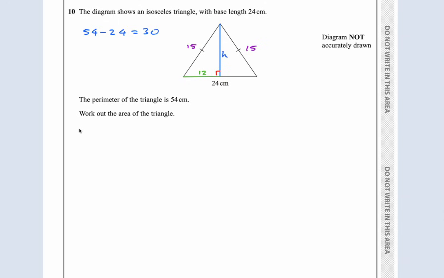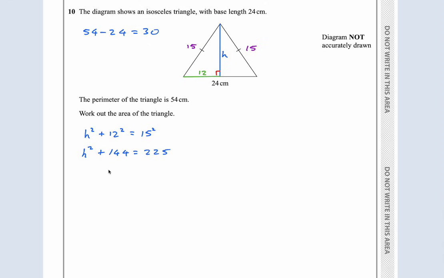So Pythagoras' theorem: h squared plus 12 squared equals 15 squared. 15 squared is the big one, the hypotenuse, so it's on its own. h squared plus 144 equals 225.